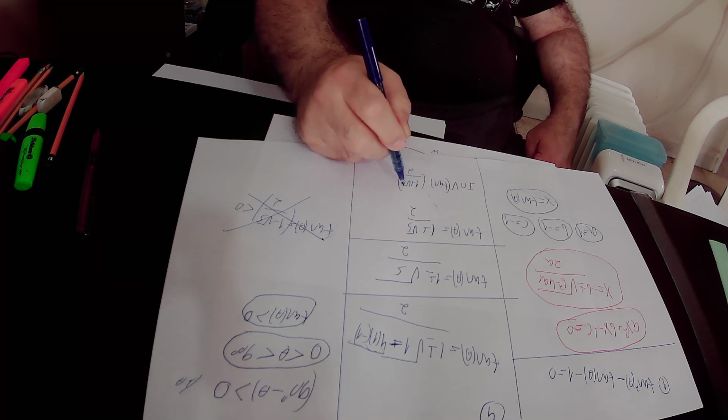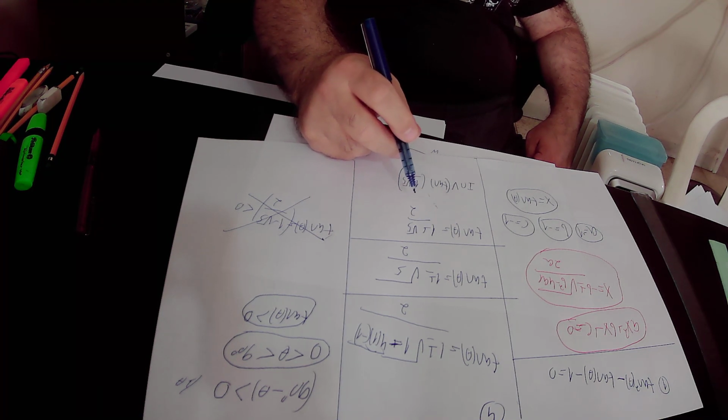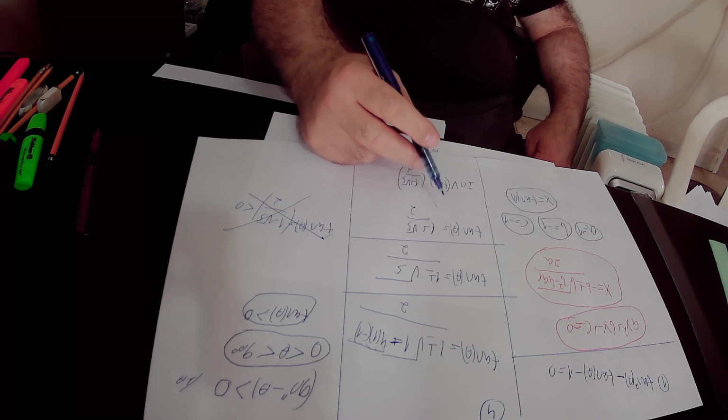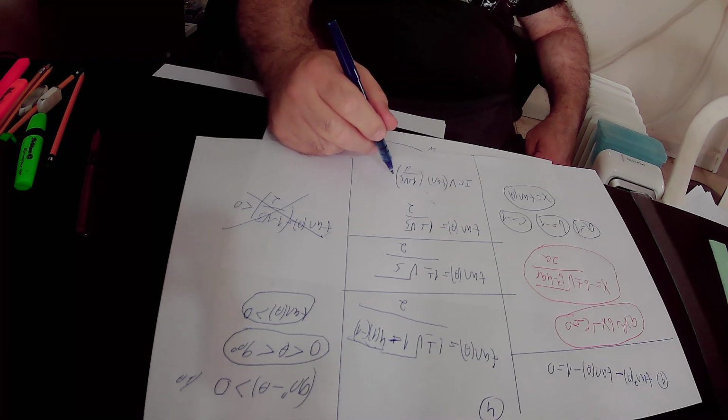When we operate the inverse function of tangent on the result, we will get the value of theta itself.